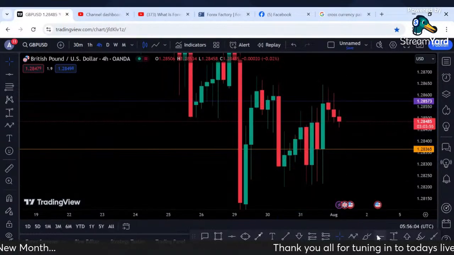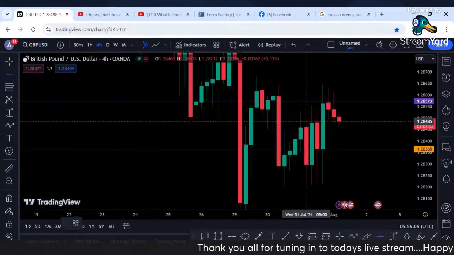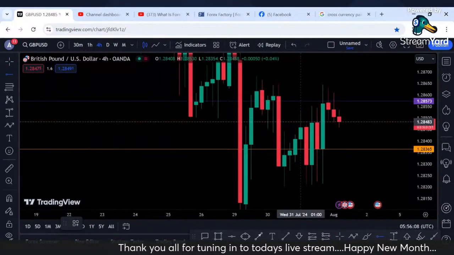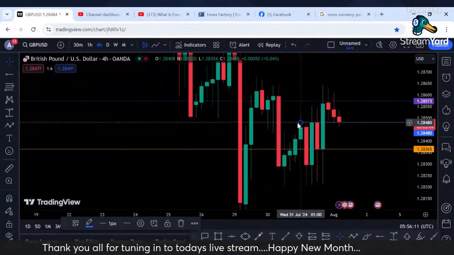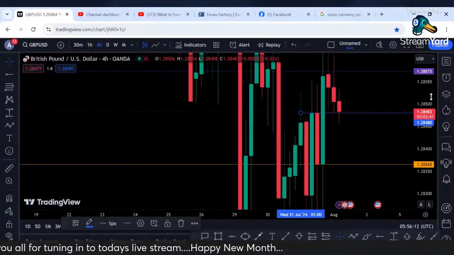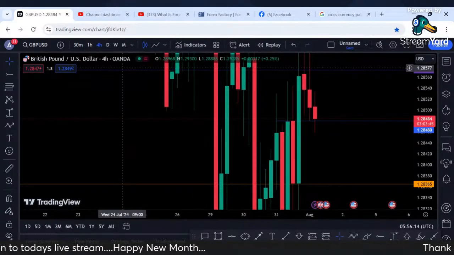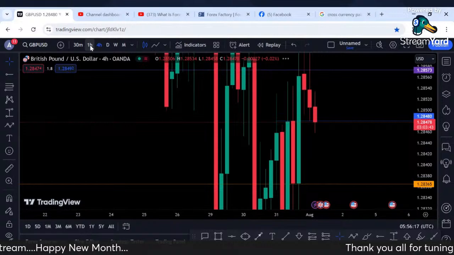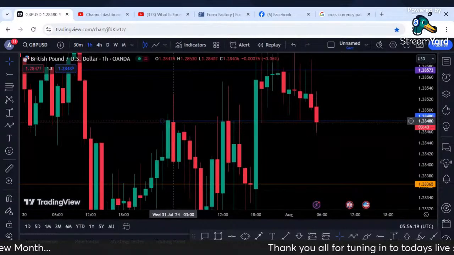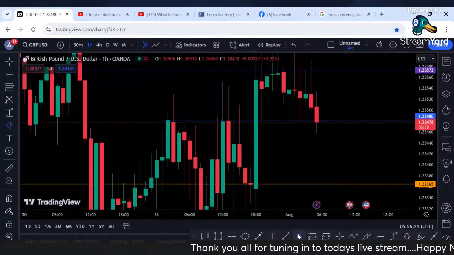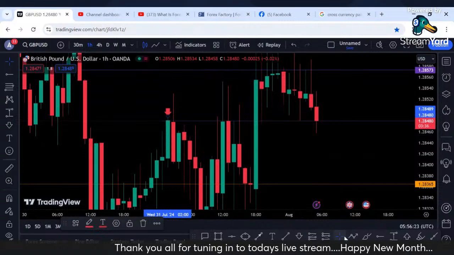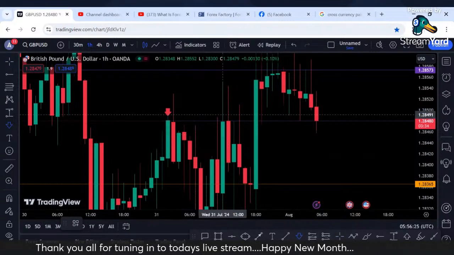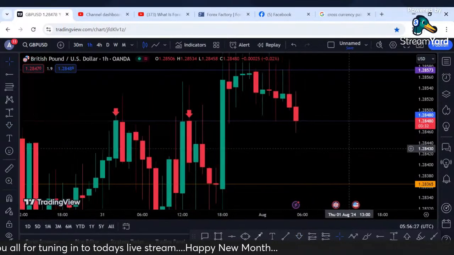What I'm looking for this morning, with 3 minutes left, I have to be fast. This is the H4 candle. If the H1 candle breaks above this consolidation, I'm going to take a sell.